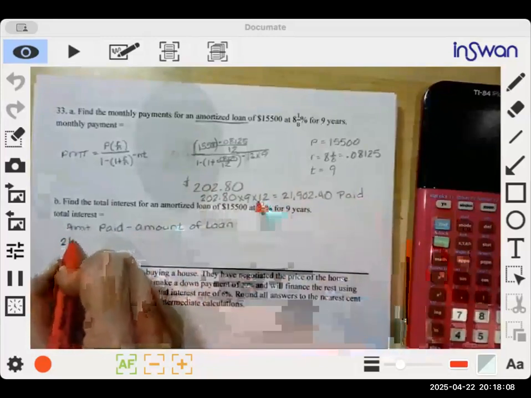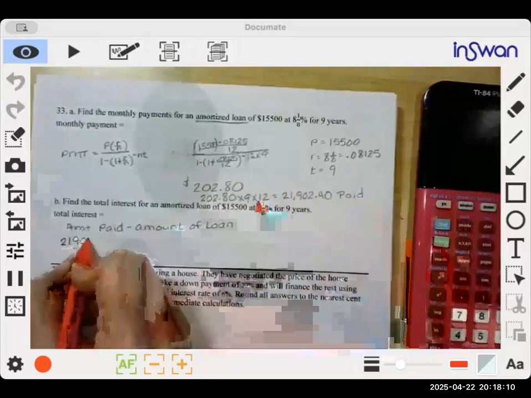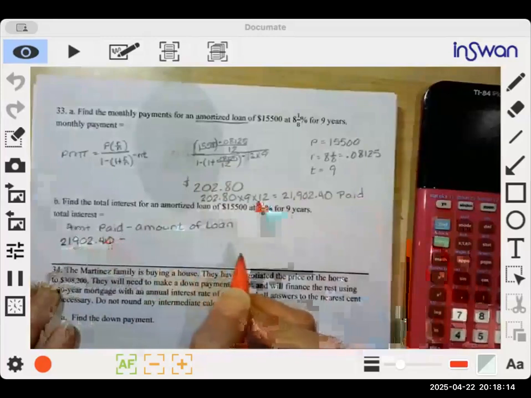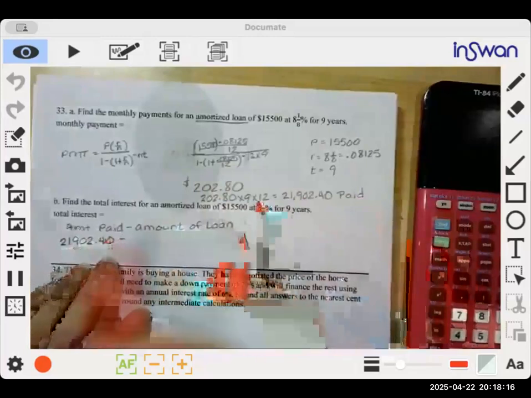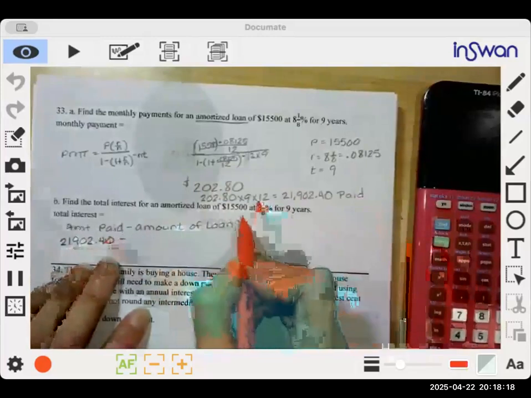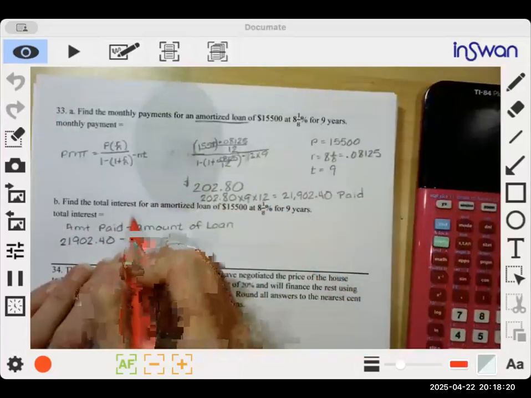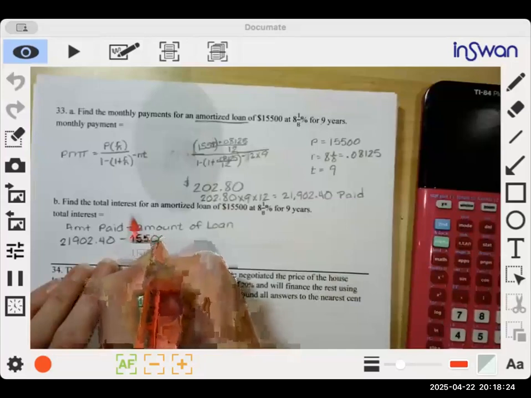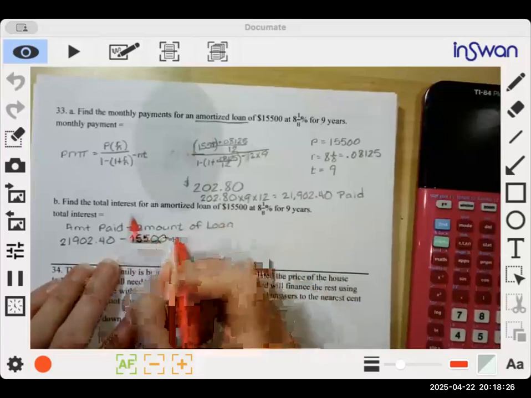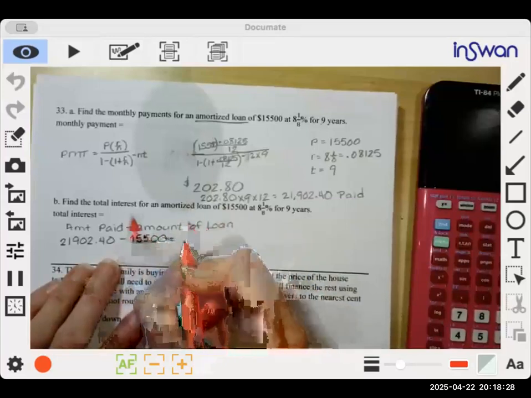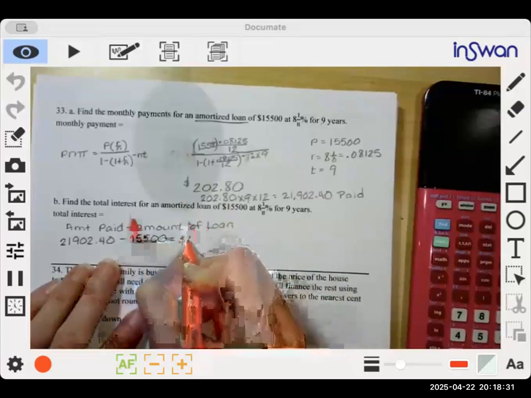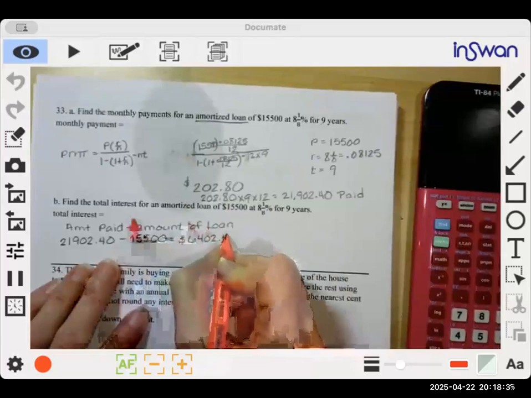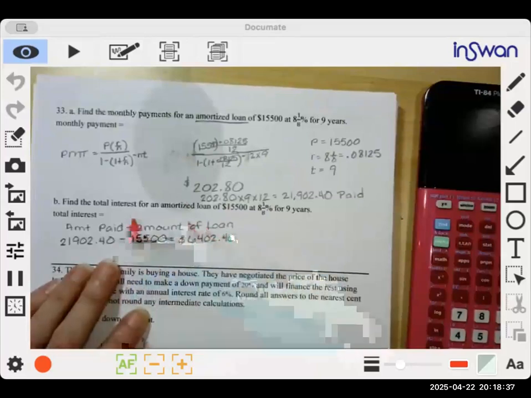So they paid $21,902.40. And we subtract out the amount of the loan. And we pay the bank $6,402.40 to borrow that money.